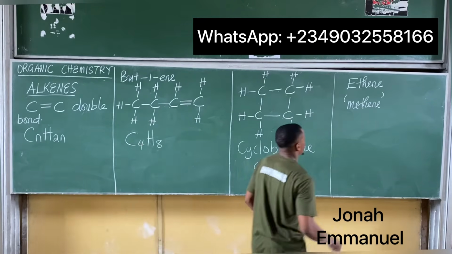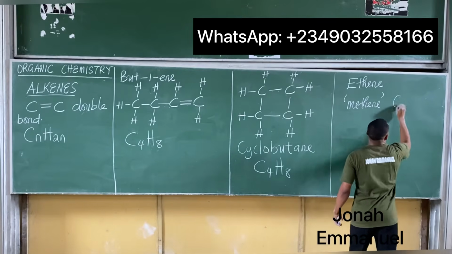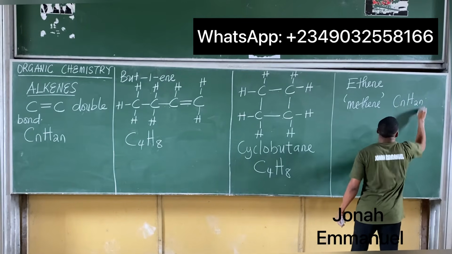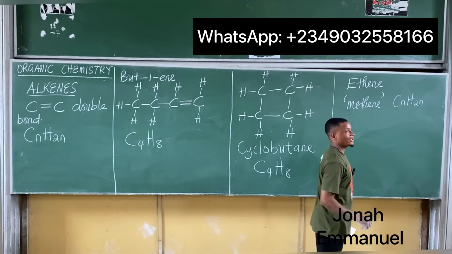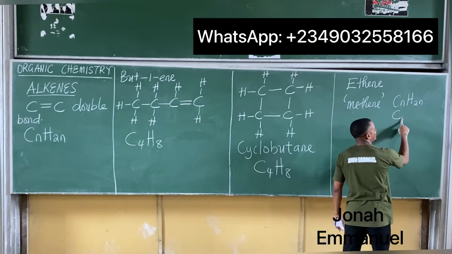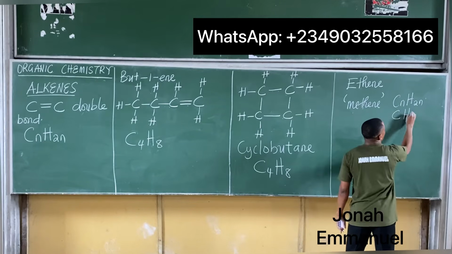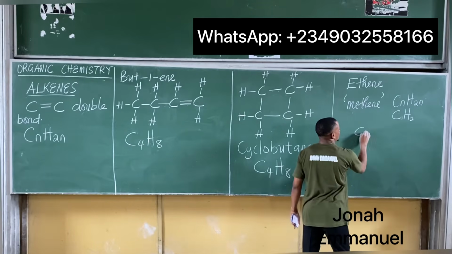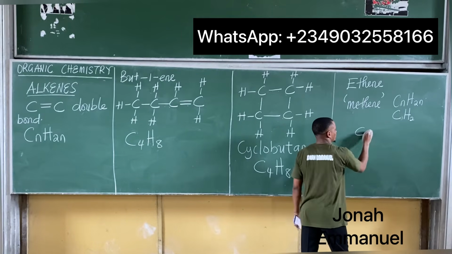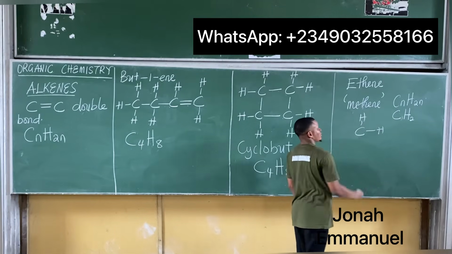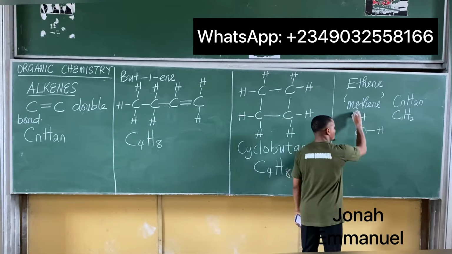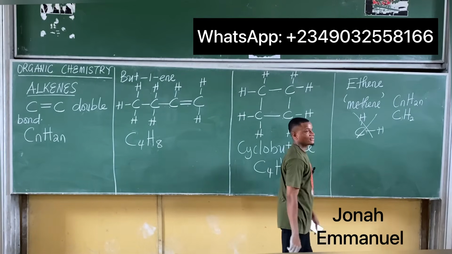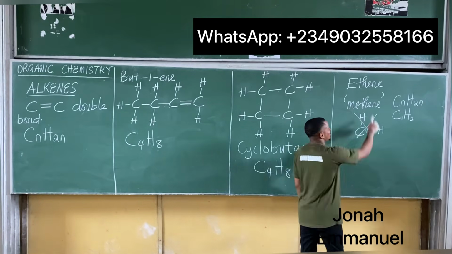How? Use the formula there. The formula is CnH2n. For meth, C is 1. So it becomes C1, H into 2 times 1, which is 2. So I have CH2. How? H and H. This is not balanced. In other words, methene does not exist. But then ethene exists. Put n as 2.